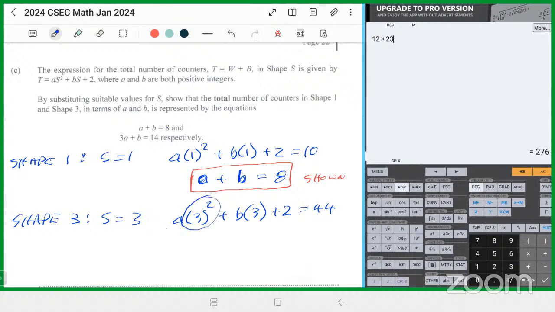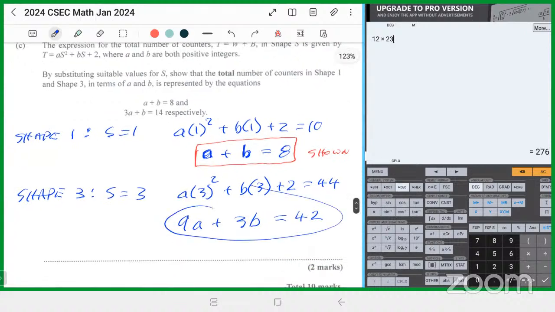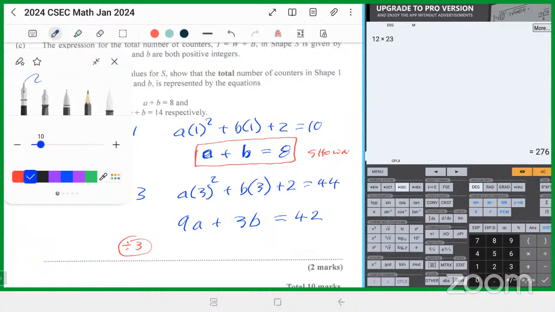So this becomes 9a, because 3 squared is 9. This is 9a, plus this becomes 3b. b times 3 is 3b. This 2 goes over and subtracts from the 44. 44 minus 2 is 42. And then we just need to divide each value here by 3, and we will get this one. So let's show that we're dividing now by 3. Divide each value by 3.